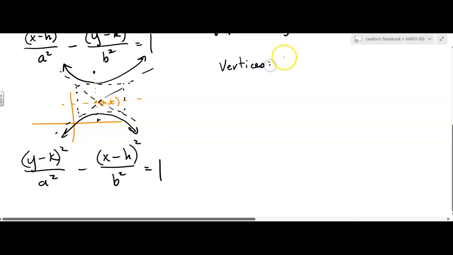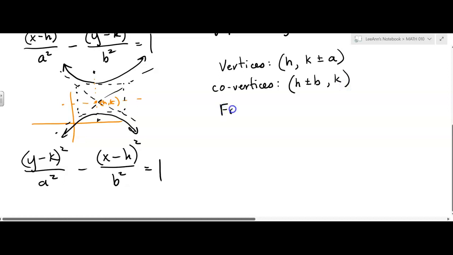The vertices are going to be at (h, k plus or minus a). The co-vertices are going to be at (h plus or minus b, k). And then the foci are going to be at (h, k plus or minus c).